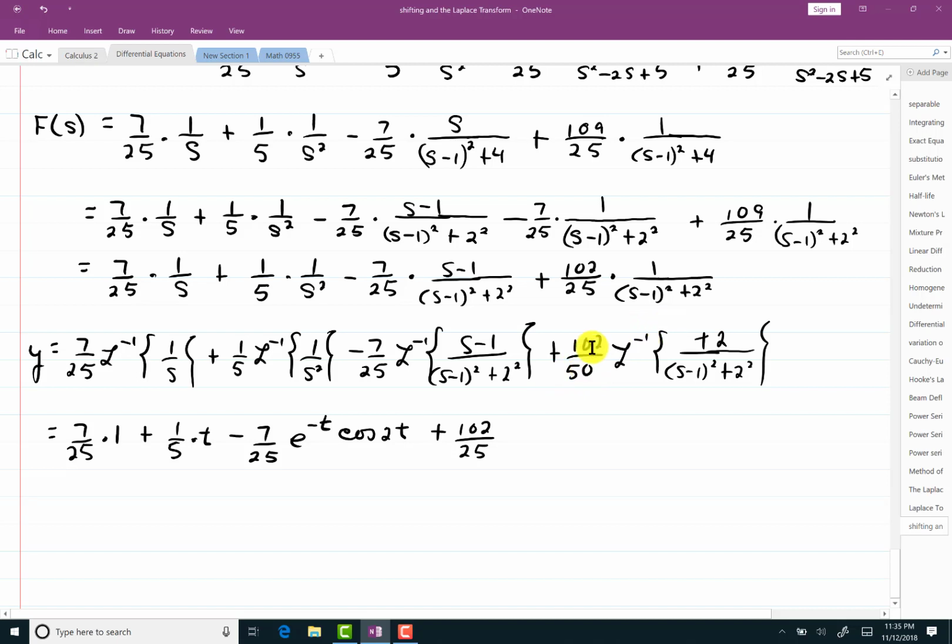And then when I've done that, this is going to be 51 over 25. Except I don't want to have that just yet, the shifting part of it, that's e to the t, not negative t. Sine of 2t.